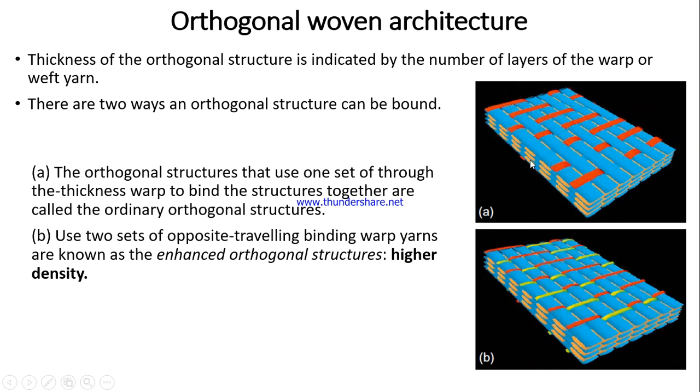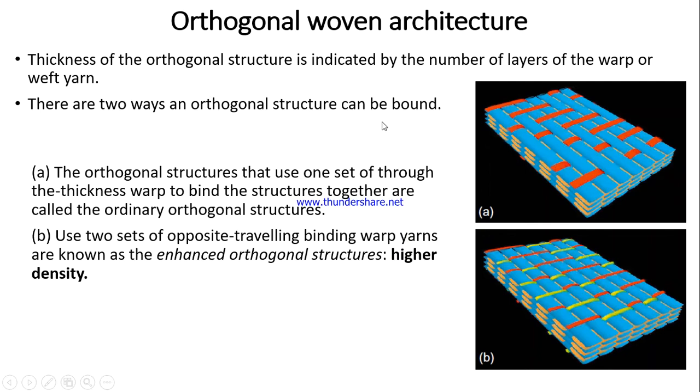So the thickness of the fabric can be decided by the number of warp or weft layers present in the structure. Here the blue threads are actually the warp threads. The number of layers you can see here is 1, 2, 3, 4. So this is the thickness of the structure.